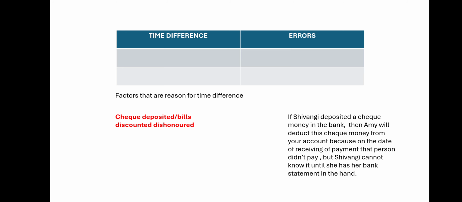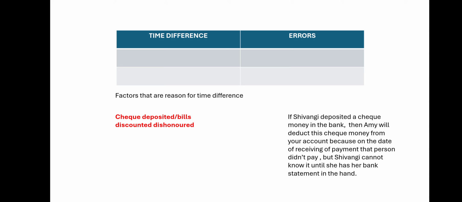At the end of the month, that person who has to pay Rahul will go to the bank and give the money to the bank. But what happened in our situation today is that on that end day, that person didn't go to the bank and didn't pay the bank. It means from Rahul's or Shivangi's point of view, they have received the money in an emergency, so they will write it in their cash book.